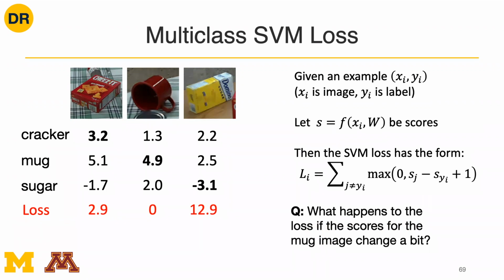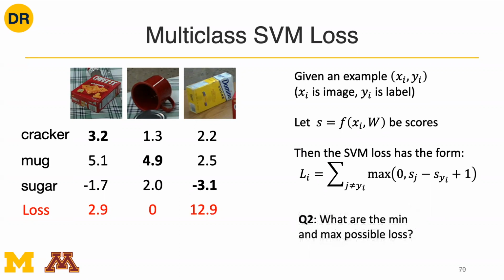Imagine adding some small values to these numbers, let's say less than 0.5. Sorry, nothing will change, right? Yeah, because it's already doing well, and if you're only adding small values, it's not going to contribute to the loss.